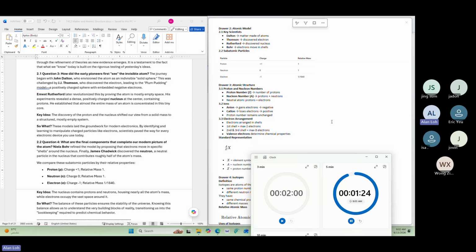Then we complete drawer 2. Twenty more seconds.